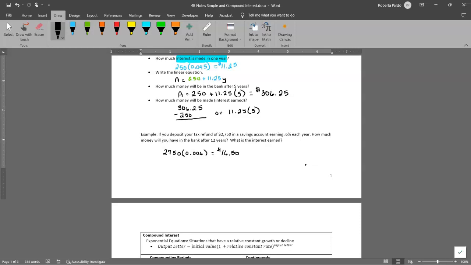So this is the interest per year. Now we can find out how much money we're going to have in 12 years. We start off with our $2,750 plus $16.50 for 12 years.